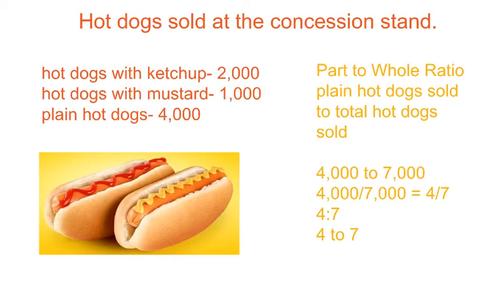So we're going to add 2,000 plus 1,000 plus 4,000, and that is 7,000. So a total of 7,000 hot dogs were sold, giving us the ratio 4,000 to 7,000, which can be simplified to 4 to 7. So for every 7 total hot dogs sold, 4 of them were plain.